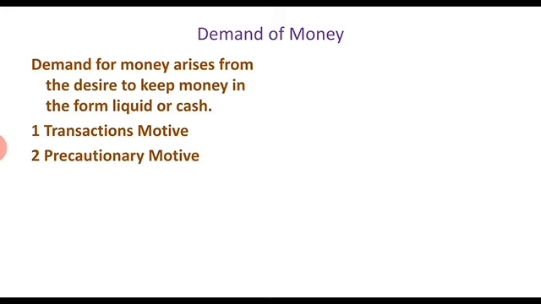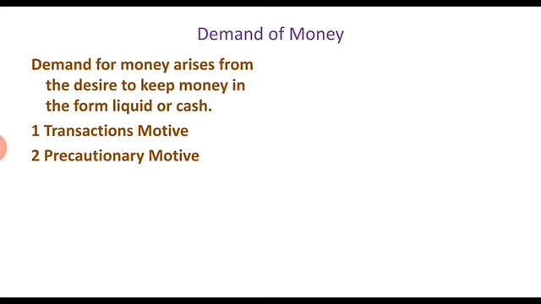Precautionary motive. Under the precautionary motive, people will hold money with them to meet unseen, unplanned, or unexpected things that may happen in their life, like sudden illness, road accidents, theft, unemployment, and unforeseen emergencies.